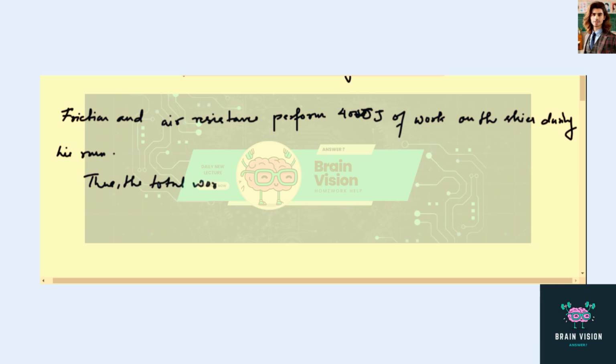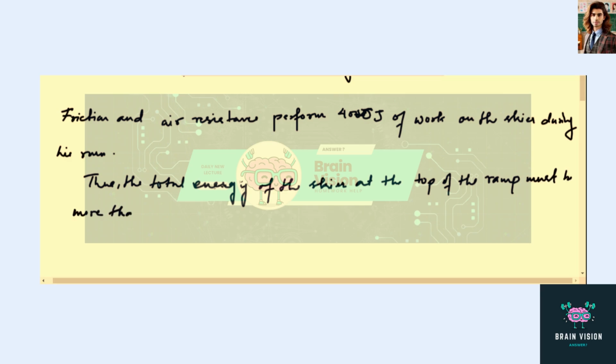Thus, the total energy of the skier at the top of the ramp must be more than the maximum kinetic energy plus the kinetic energy at the top, which is half mv1 square.